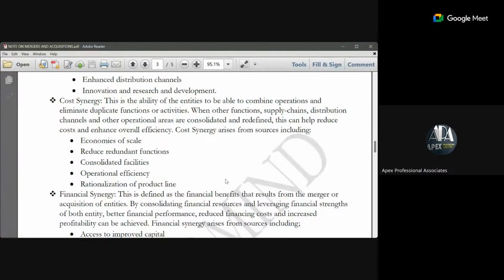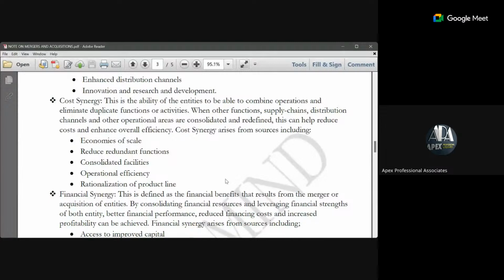We also have rationalization of product line. For instance, now I am producing A, you are producing B. We can bring them together. Maybe in the production of A, I use this particular product, and I have a remnant that I get after the production of A. But that remnant that I have is what you need to produce B, which you would go and source from the market.